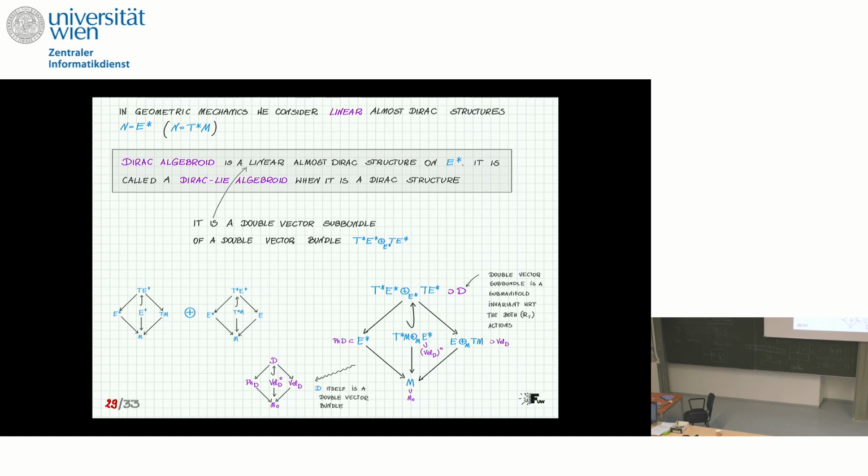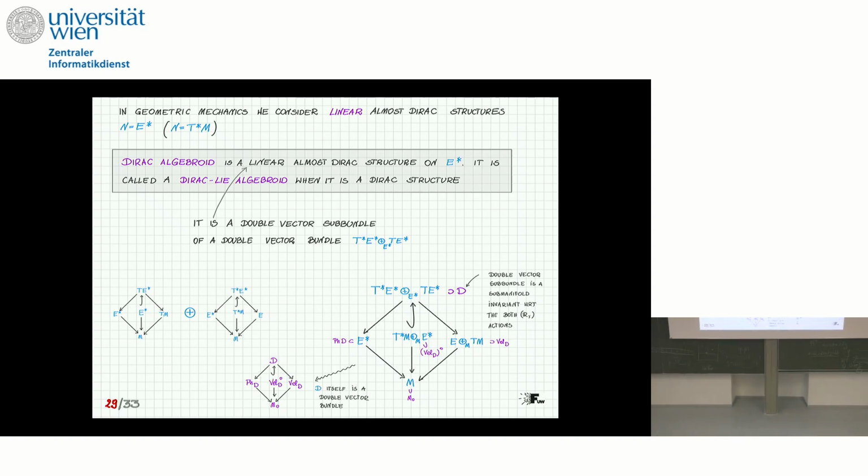It is a double vector subbundle of the double vector bundle that appears as the space when we live in here.